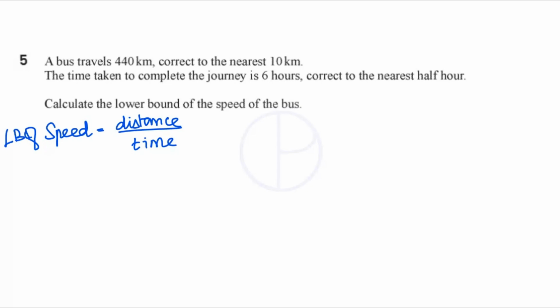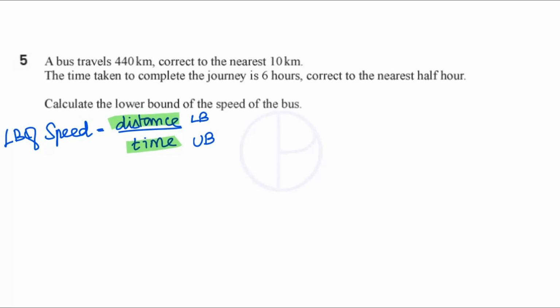So speed and distance are directly proportional, so we will take the lower bound of distance, whereas for time, we will take the upper bound. If we take the upper bound in the denominator, we will get a lower bound value for the speed.